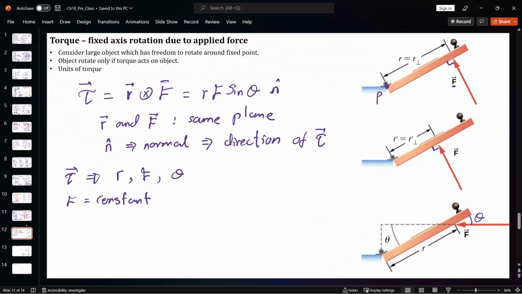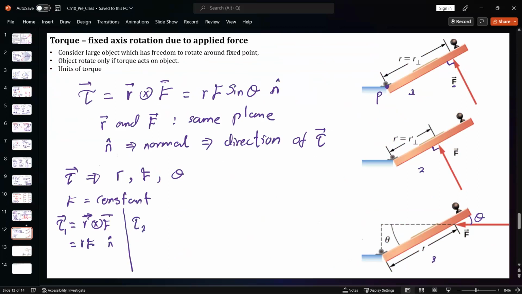Then torque for case 1 is equal to R cross F. Take a look at case 1: magnitude of R, magnitude of F, angle between them 90, sine 90 is 1, then unit vector n. So that's case 1. Let's consider this is case 1, this is case 2, this is case 3. Let's take a look at case 2.